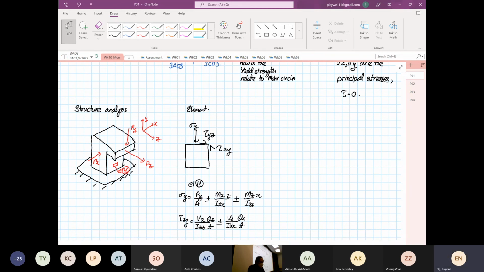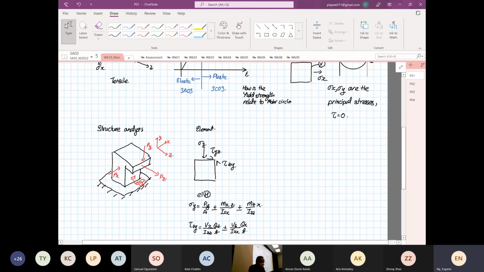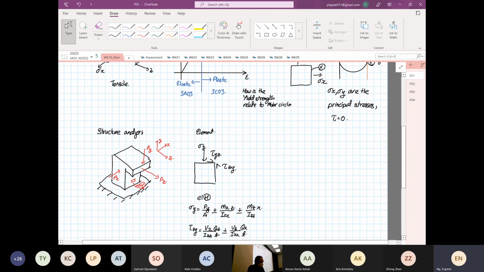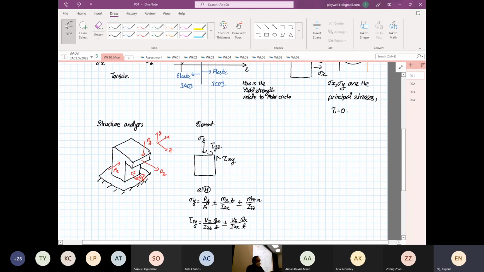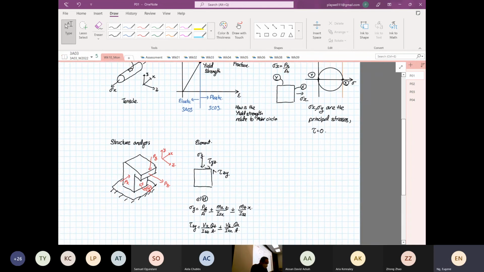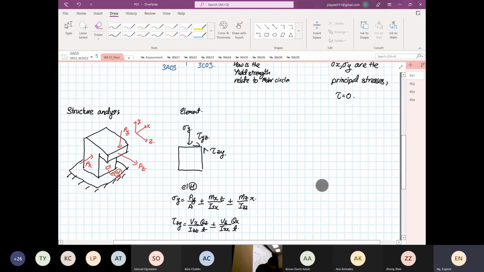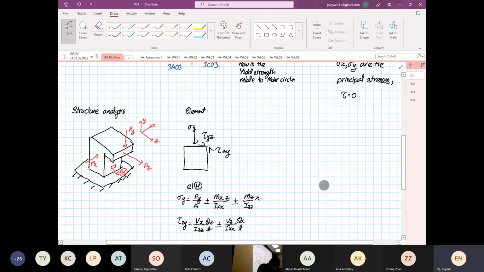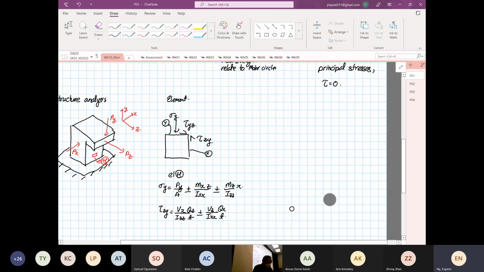So how are we going to do material selection? You see where the problem is, right? And the link is what? Mohr's circle. Because when we construct the, let me elaborate what I mean. So let's say we label this point X, we label this point Y, and we know that this is not the principal plane.